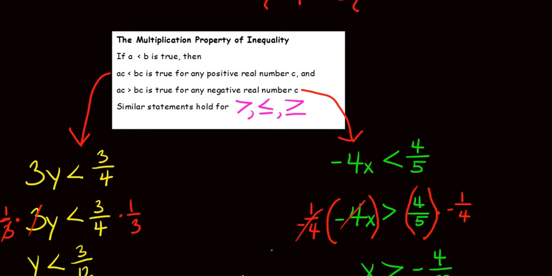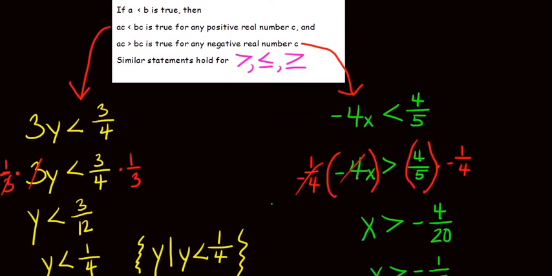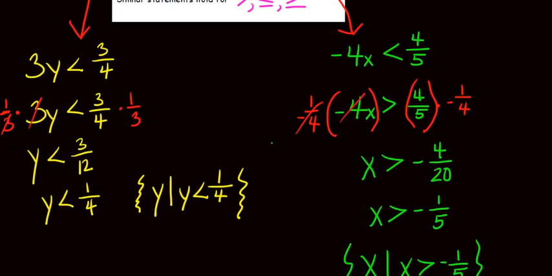So over here on the left, I showed you an example of multiplying by a positive number. So 3y is less than 3/4. Well, in order to solve for y, I have to multiply by 1/3 or divide by 3, however you want to say it. And I'm multiplying both sides. My inequality is going to stay the same. It's not going to change the value of this to a negative or anything.